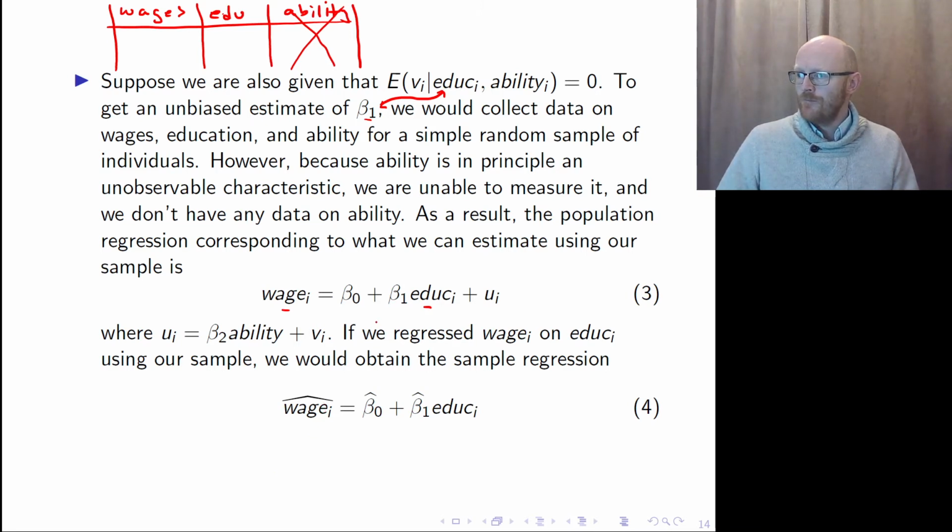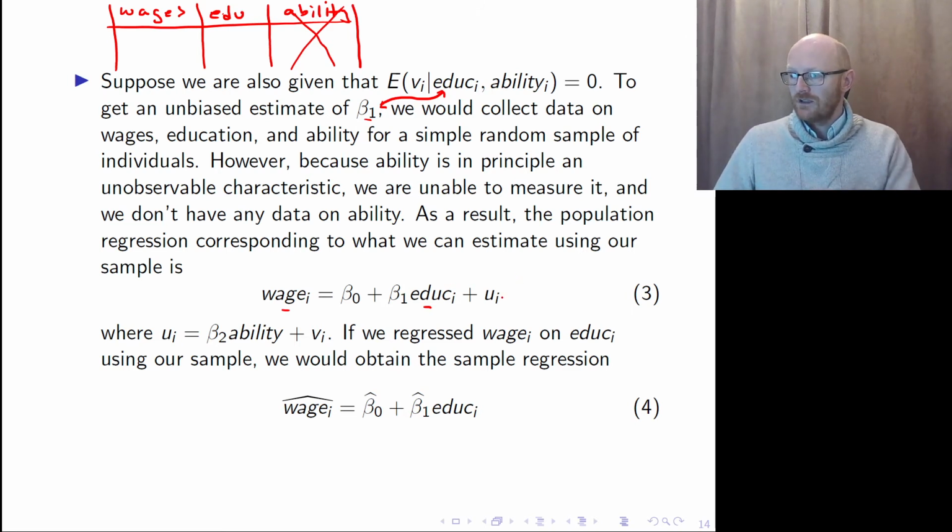But remember that the true population regression was wage equals beta naught plus coefficient times education plus coefficient times ability plus a residual.